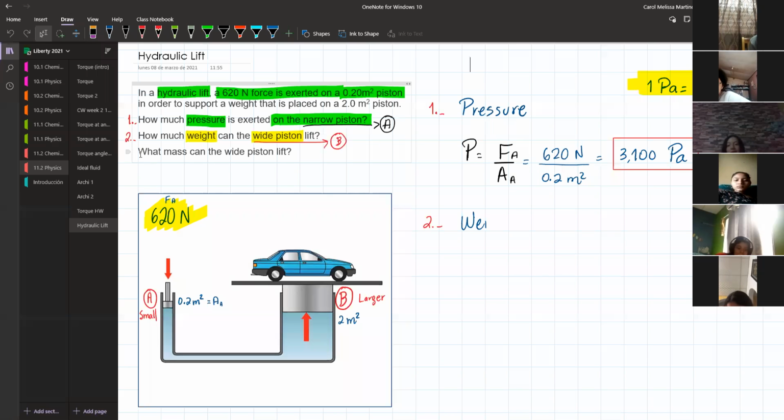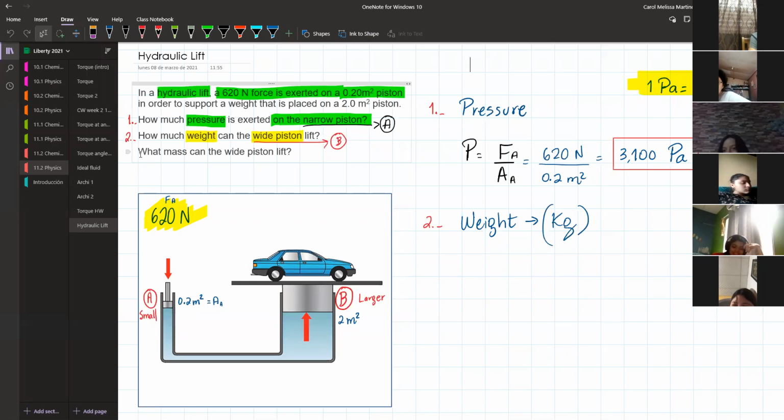Now, what is the weight? Is weight volume? Is weight force? Is weight pressure? Is weight mass? Weight is related to a mass, but if the weight was mass, it would be measured in kilograms, and it's not measured in kilograms.